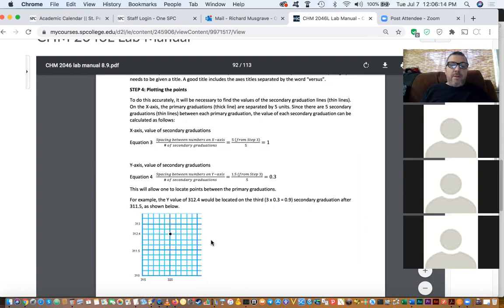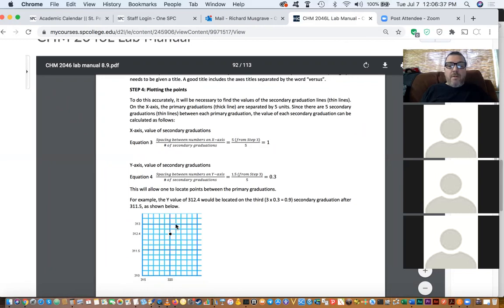So you could do it by trial and error. You could say, well, 311.5 plus 0.3 would be 311.8, then that would be 312.1, and then that would be 312.4. If you don't like the math I've got here, you can just do it that way, by trial and error, until you get to where you need to be.